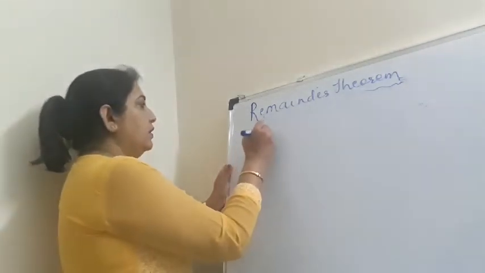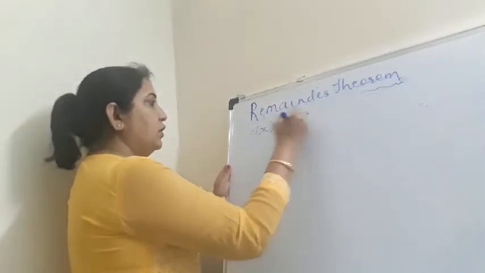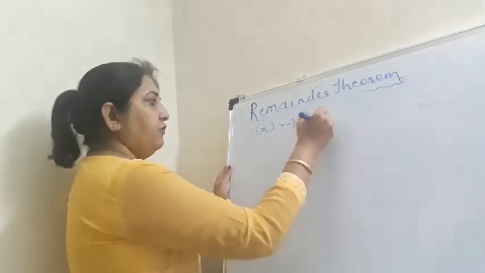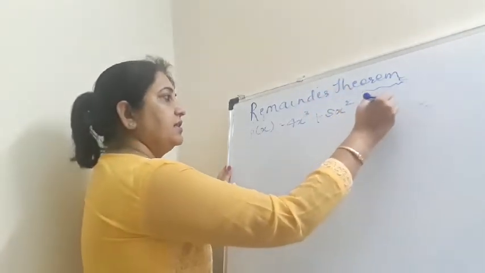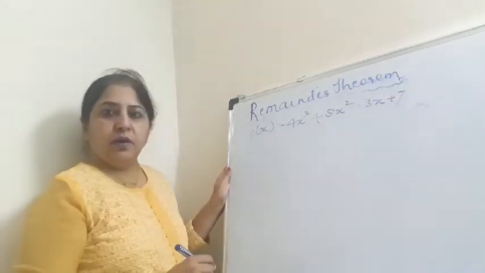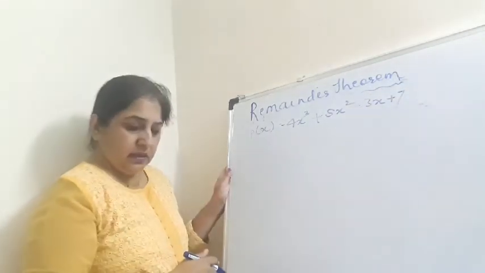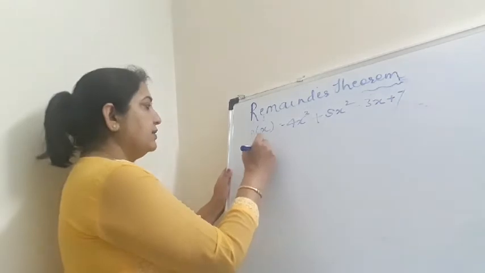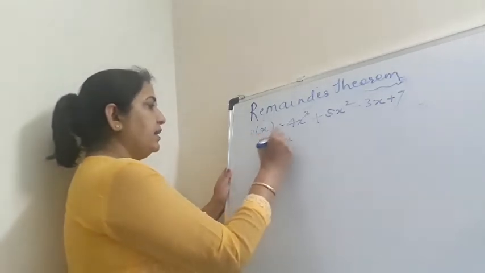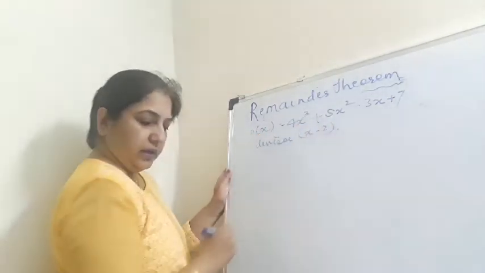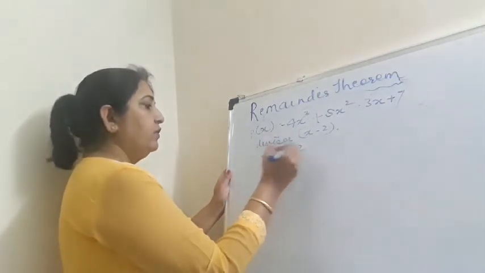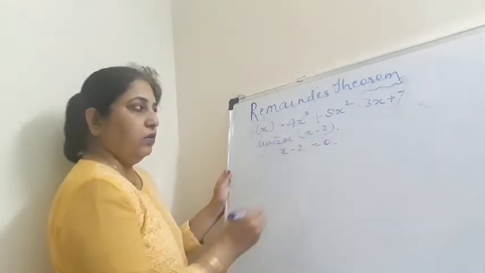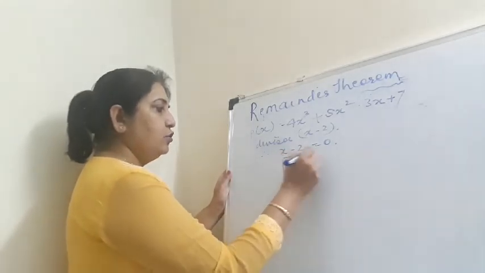4x cube plus 5x square minus 3x plus 7. This is a polynomial in x. The divisor is given to you as x minus 2. Yes, x minus 2 is the divisor. So therefore we'll put x minus 2 equal to 0, which will give you x as 2.